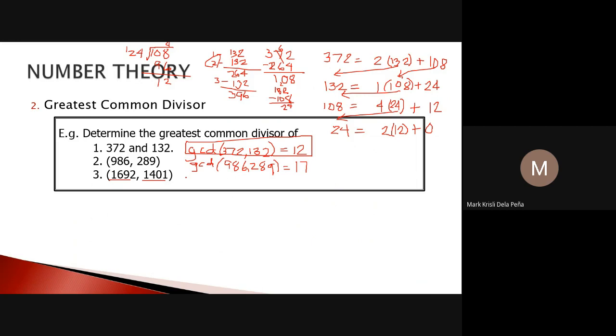What is the greatest common divisor? The greatest common divisor of 1692 and 1401 is equal to 1. So I want you to show the solution in the engage section. So this will be your first engage problem.